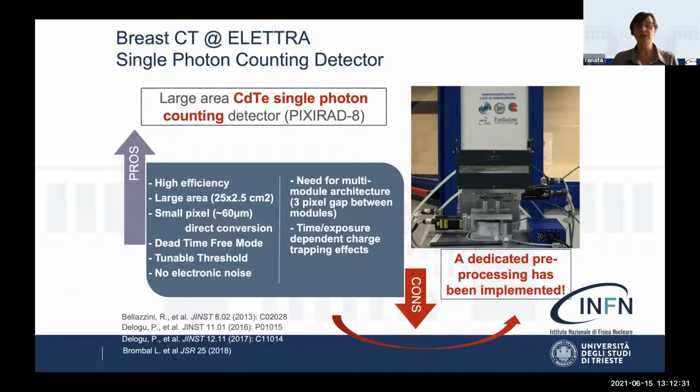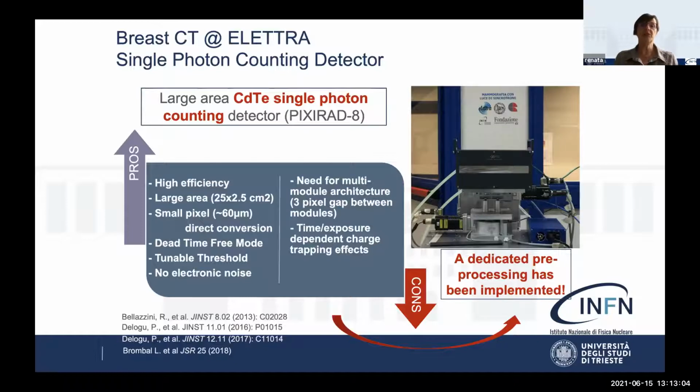Obviously, we have to pay something, and the point is that such a large active area, 25 centimeters, is obtained thanks to 8 modules that are one close to the other. So this multi-module architecture means that we have a 3 pixel gap between each module. So we pay in a signal loss of a little bit more than 150 micron.